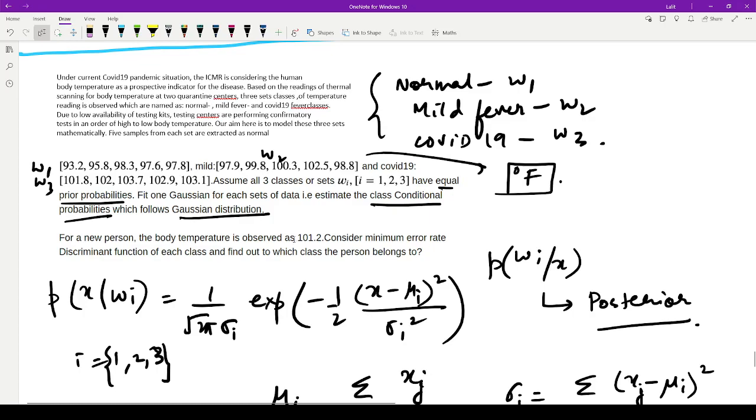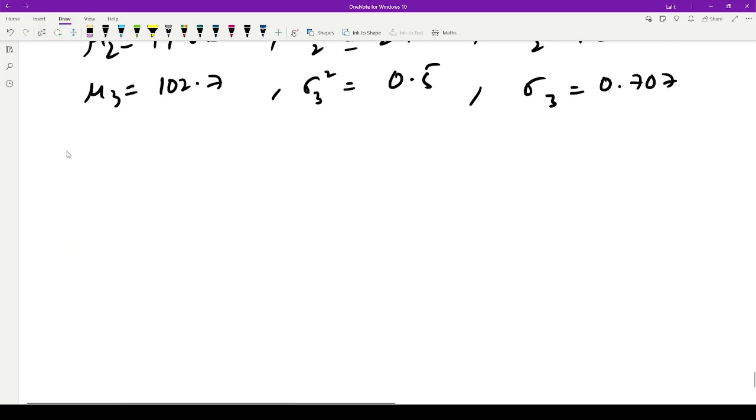So the new person has a temperature of 101.2 degree Fahrenheit. Consider the minimum error rate discriminant function. What is the minimum error rate discriminant function? And find out which class it belongs to. Okay. So what is the minimum error rate discriminant function?